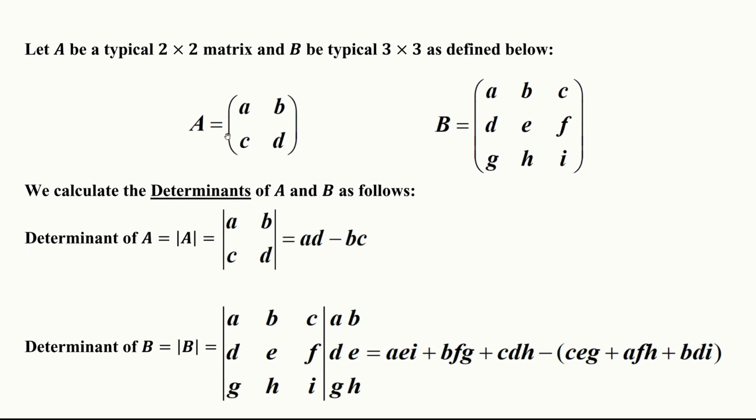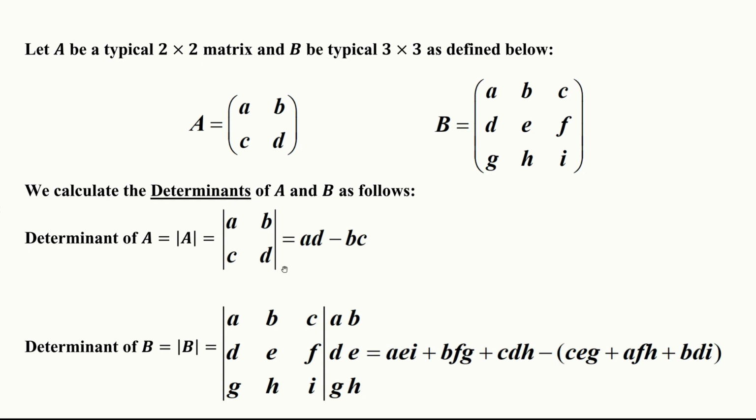So let A be this 2 by 2 matrix and let B be this 3 by 3 matrix, as you can see here. We're going to define the way you need to calculate a determinant for each of these types of matrices. So the determinant of A, whose notation looks like the absolute value, but it's not. Because it's a matrix, you realize that you should be pronouncing that as determinant of A, right?